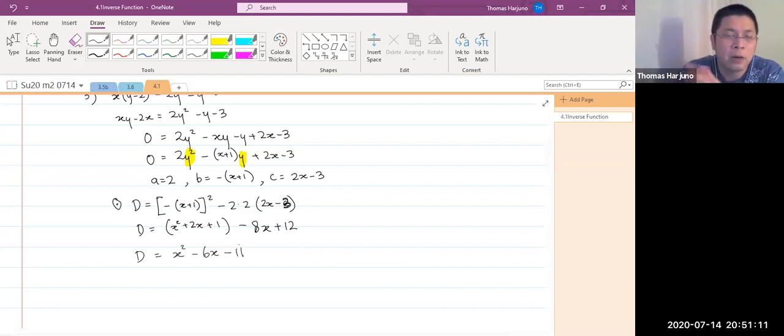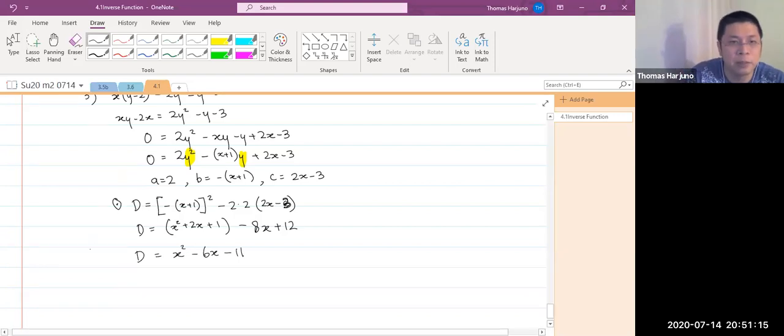Okay, maybe I stop a little bit and then go on with the inverse. The inverse y will be negative b plus or minus the square root of d over 2a, which is 4.